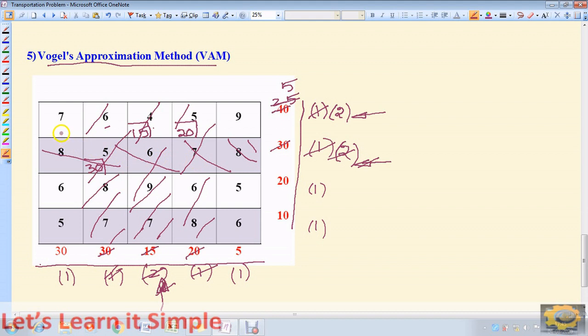Now again, first row 7 and 9, the difference will be 2. This vanished. 6 and 5, again 1. 5 and 6, again 1. Now in the column, we have 5 and 6, remains same.